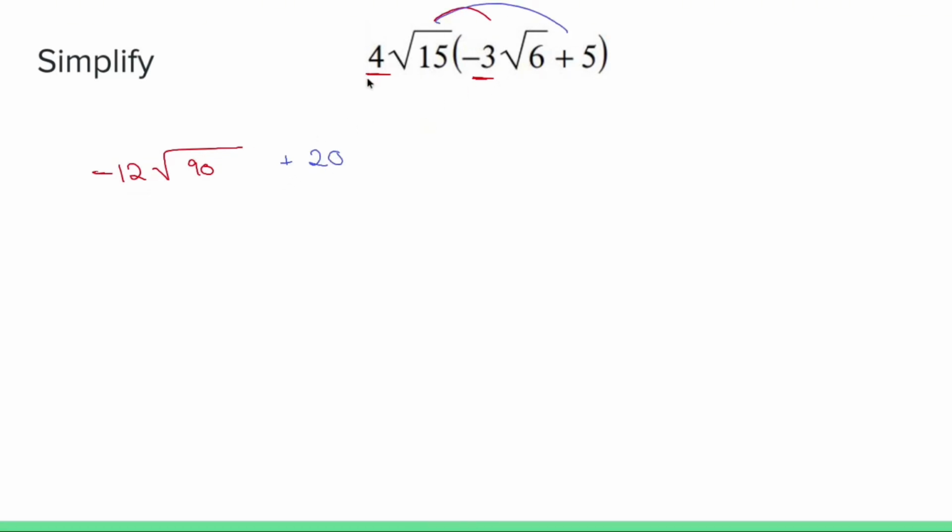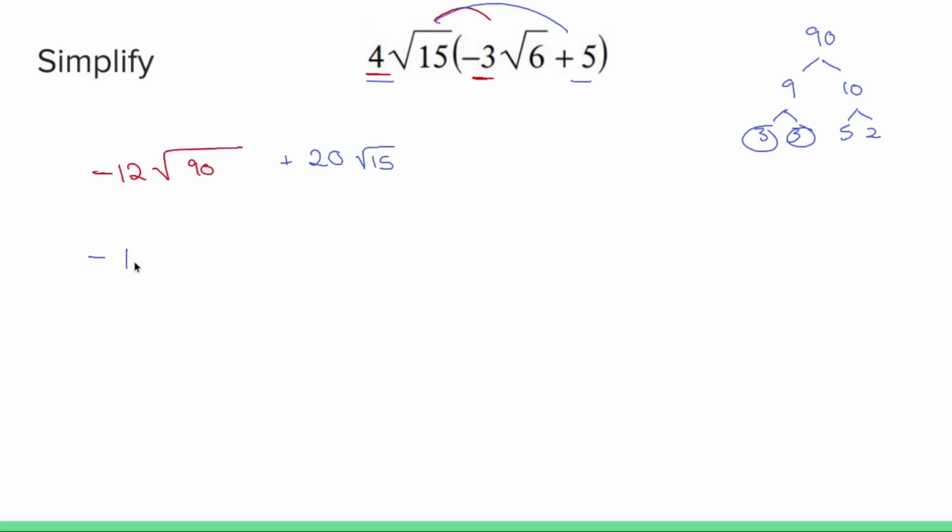20, because 4 times 5 is 20, and then root 15 is kind of just lingering right here, so root 15. Now, 90. Let's see if we can rip that apart. We get 9 and 10, can't do anything there. We get 3 and 3 and 5 and 2. Okay?